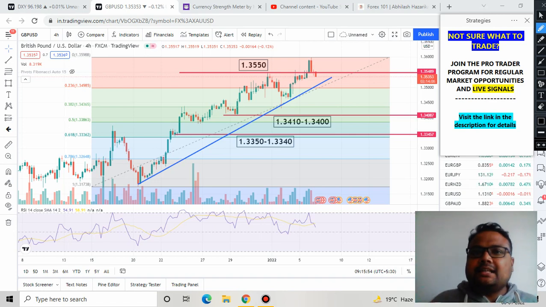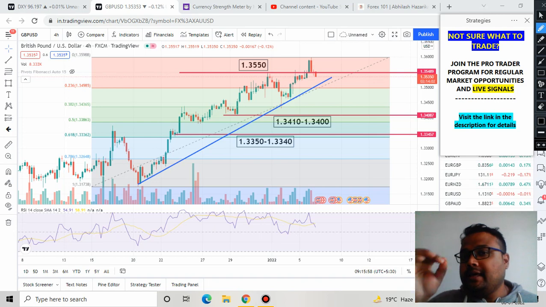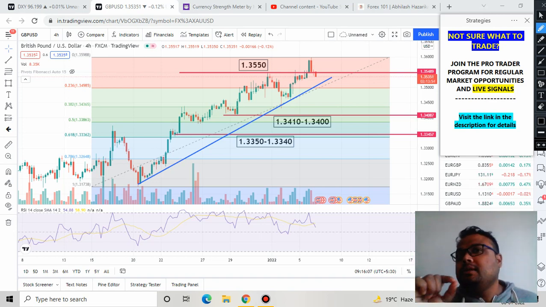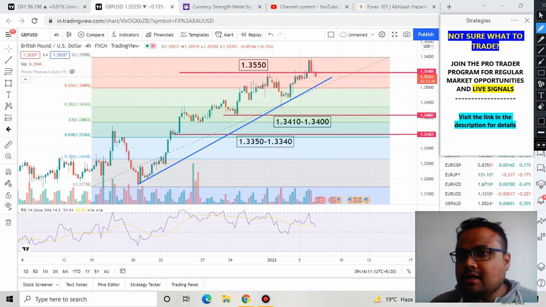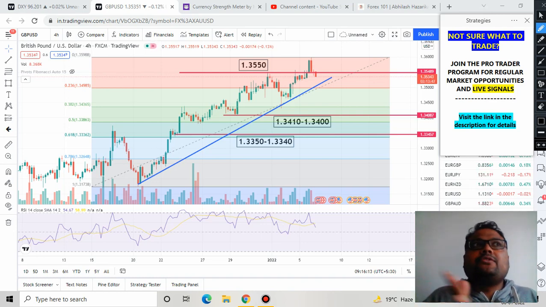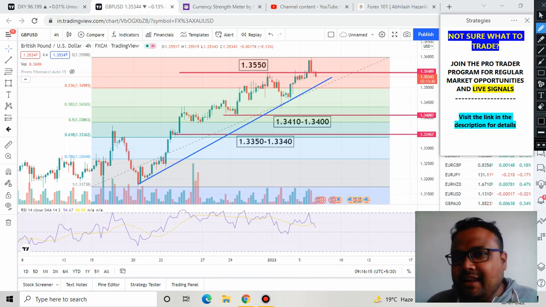Yes, it tried to provide support, but ultimately it failed. So yes, we can go for it, but you should be very careful, and if you want to go for it, then the position size should be extremely small and proper risk management should be followed, because our history is bad. We have seen the trend line failing, so it can fail again.